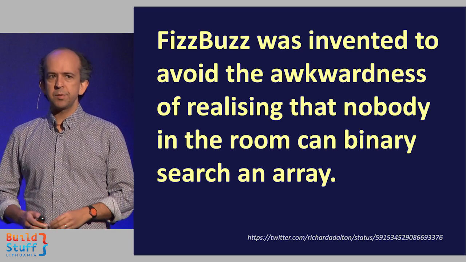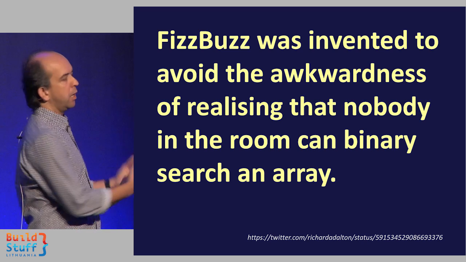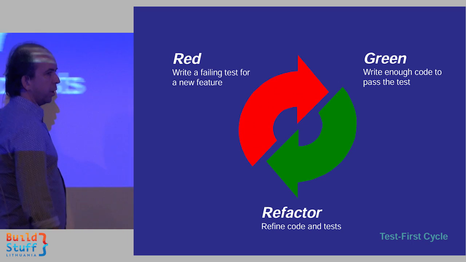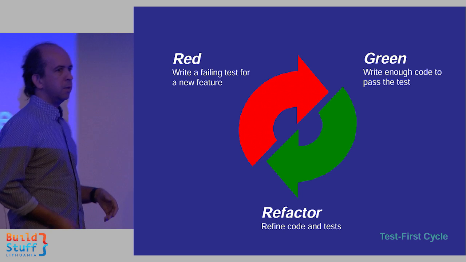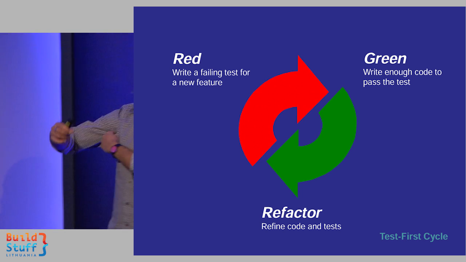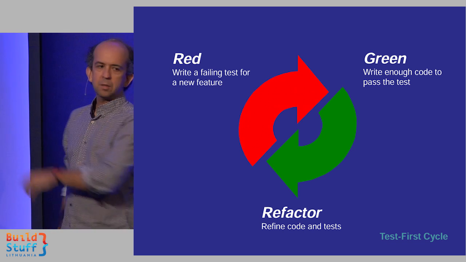Let's take another look at this. So let's try this test first thing again. Let's put that back in. Refine the code and test. Sometimes people just think it's about refining the code. I run TDD courses, I run workshops on unit testing and stuff like that. And one of the things that I'm guaranteed is that people will forget to look at their tests.